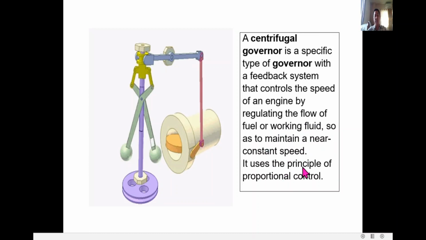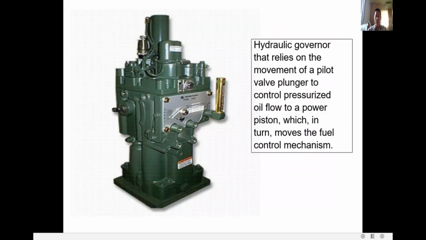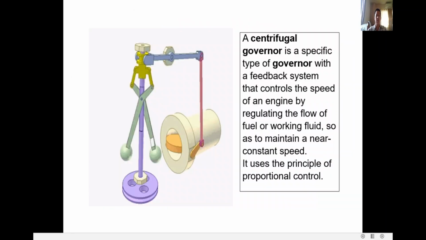It uses the principle of proportional control. So it's not working here, I forgot. I think I have to stop first and continue later. I have to configure this to make it working.